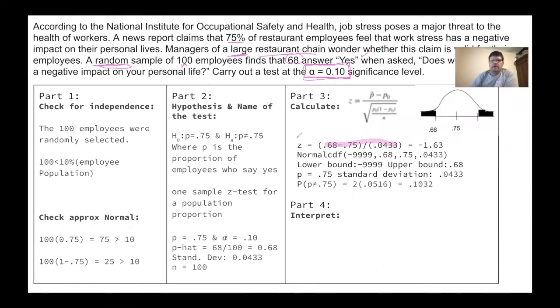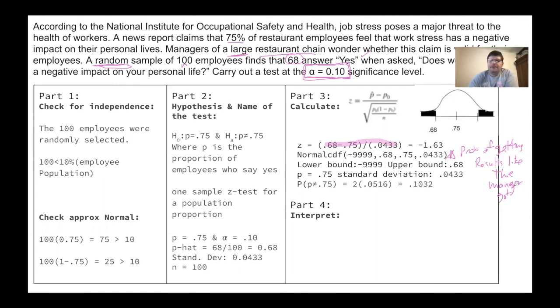Right here, that's the probability of getting results like the manager got.